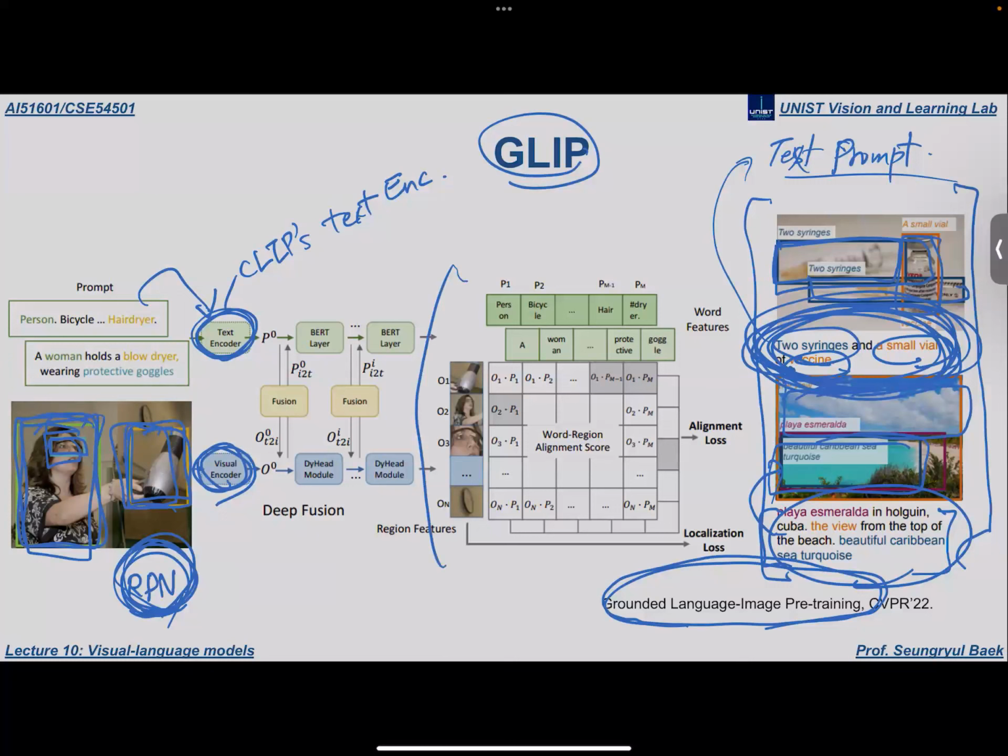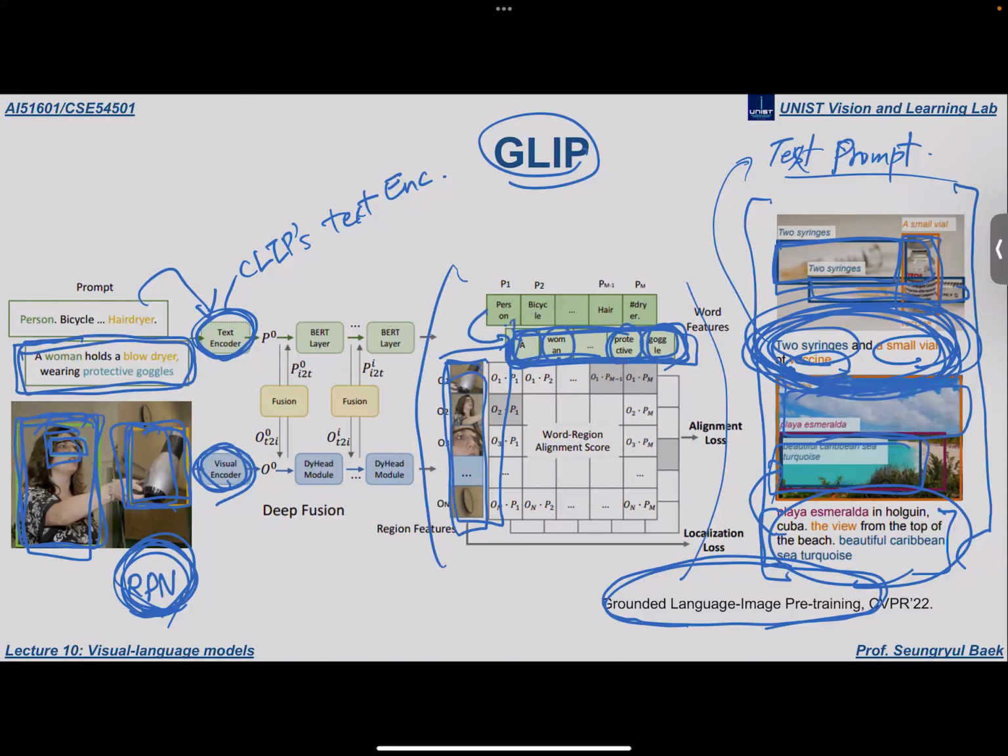And then they align this text prompt, their sub-features and sub-region features. Actually, their prompt is given as a sentence, but they tokenize it like this, for example all, woman, and some words here, right?